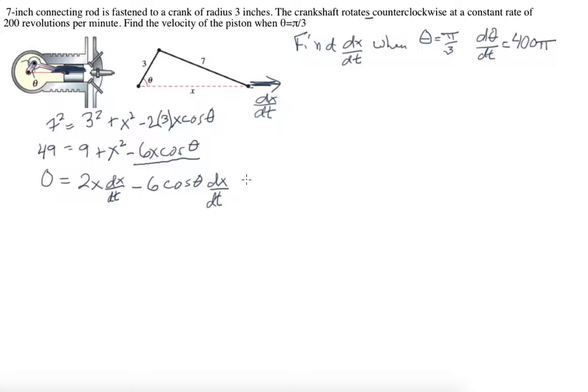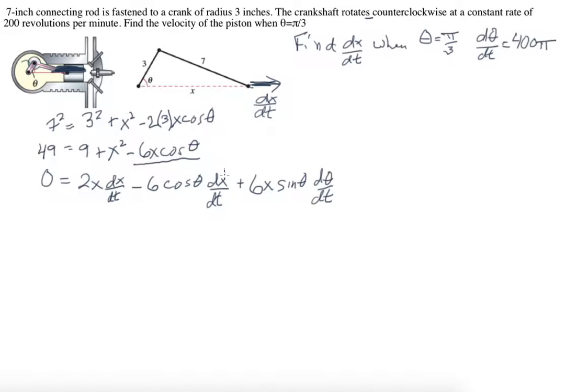Now we're going to take the derivative of the second piece, which is cosine, and so that's going to give us a negative sign. And the negative with the negative gives us a positive. 6x will stay the same. Sine theta dθ/dt.